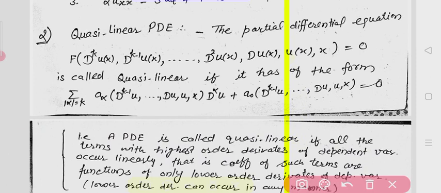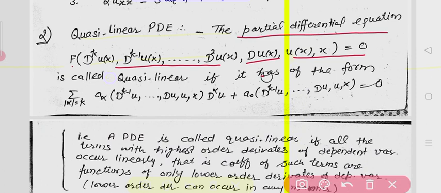You say that a PDE of this type f of dku, dk minus 1 u, d2 u, du, ux is equal to 0 is called quasi-linear if it is of the form summation a alpha of dk minus 1 u dot dot dot up to du u x into d alpha u plus a naught of dk minus 1 u dot dot du u x equal to 0, where mod alpha is equal to k, right?